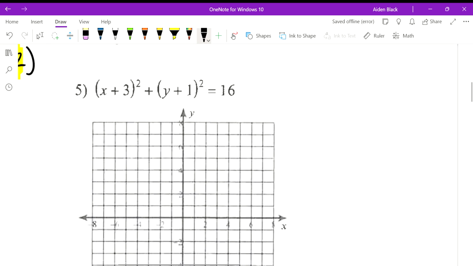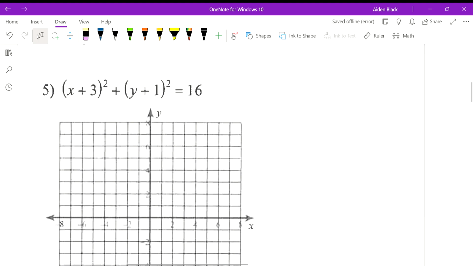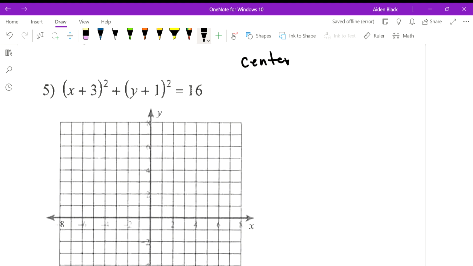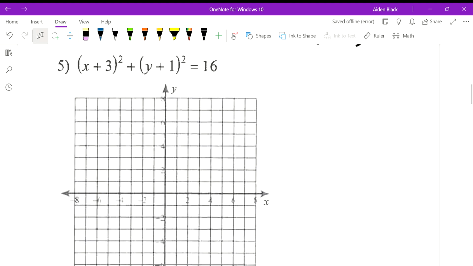Okay, notice here x plus 3 squared, y plus 1 squared. So we should know that the center, both of these values are negative. So negative 3, negative 1. 1, 2, 3, down 1. Here's the center of our circle.